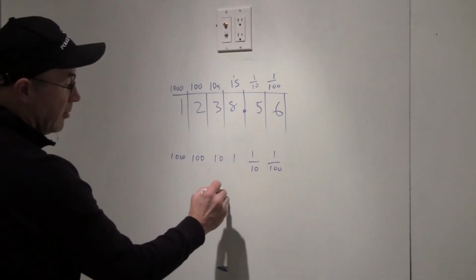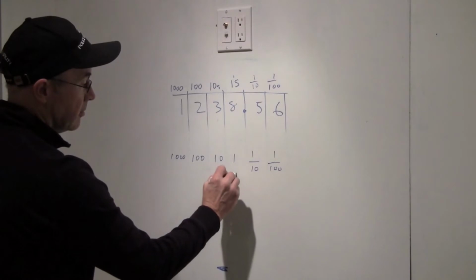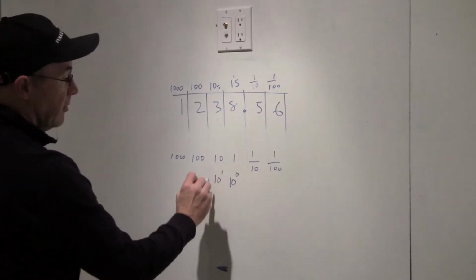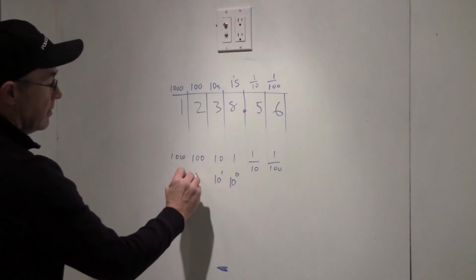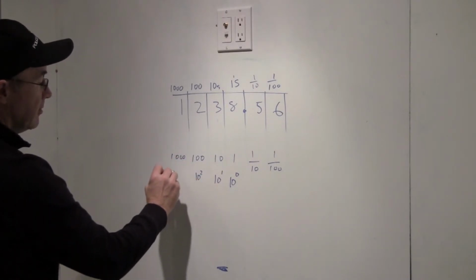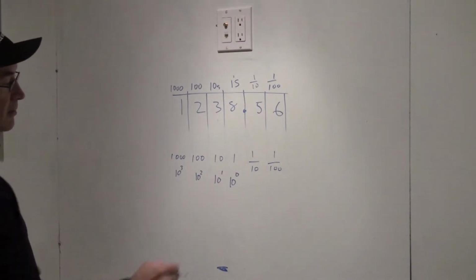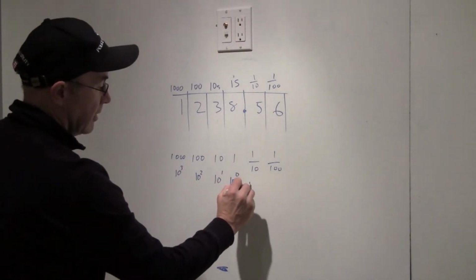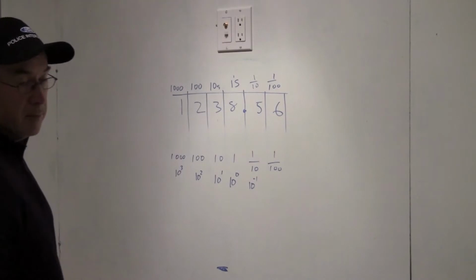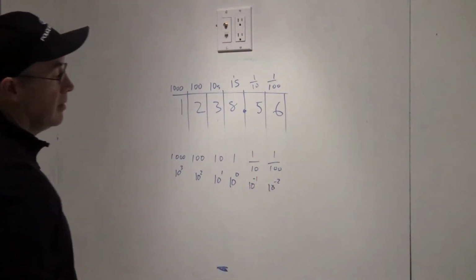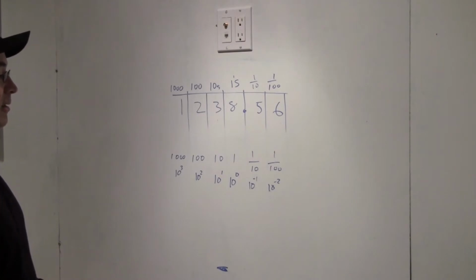So any number raised to the 0 power is 1. 10 raised to the 1 power is 10. 10 raised to the 2 power is 100. 10 raised to the 3rd power is 1,000. Likewise, 10 to the minus 1 is 1/10. 10 to the minus 2 is 1/100th.